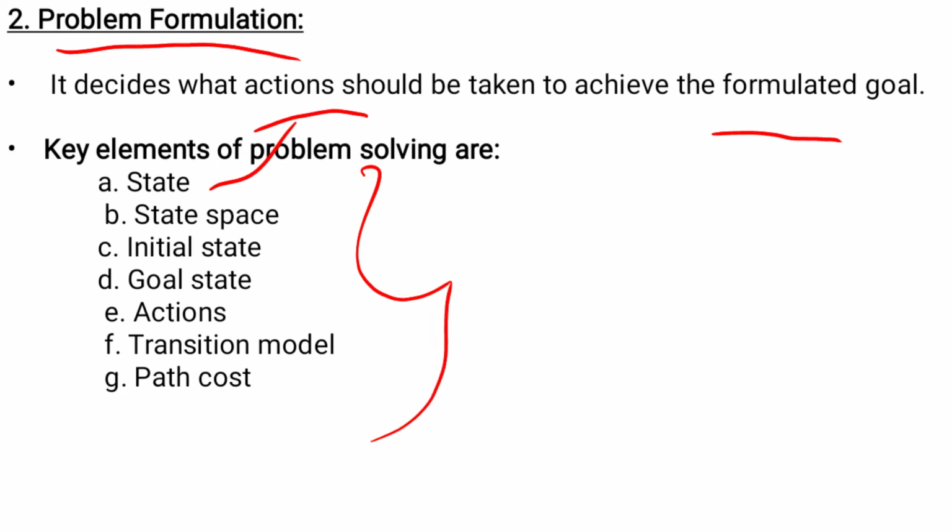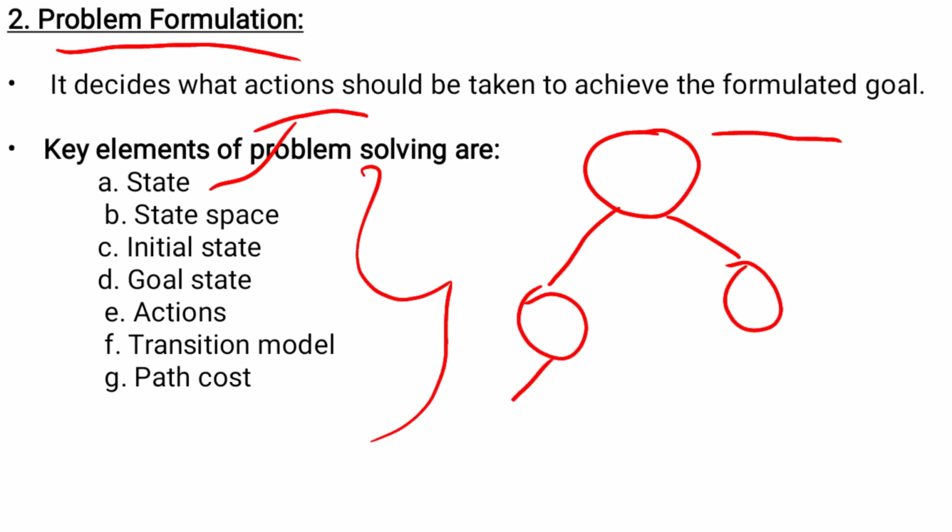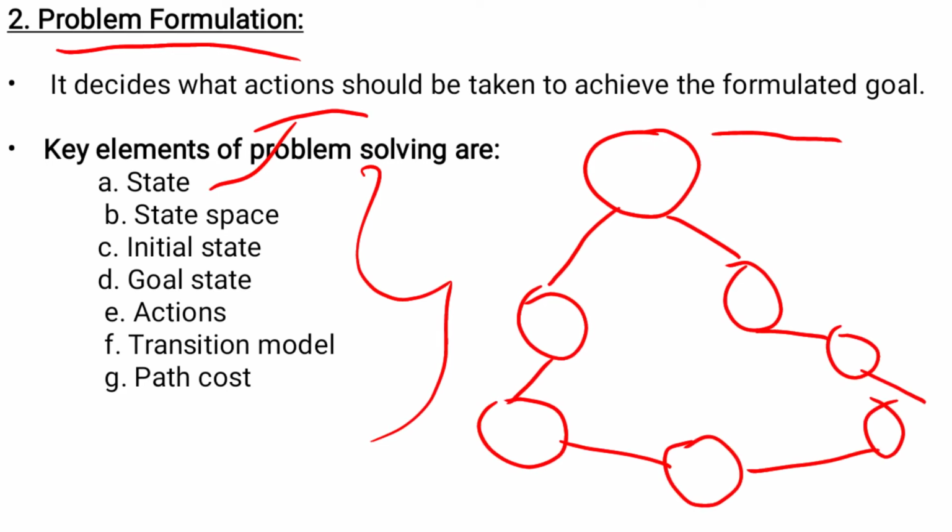That means, for example, in this structure, here it is a node and it is D. It is our objective, meaning A is the initial state, the starting stage, and D is our goal.